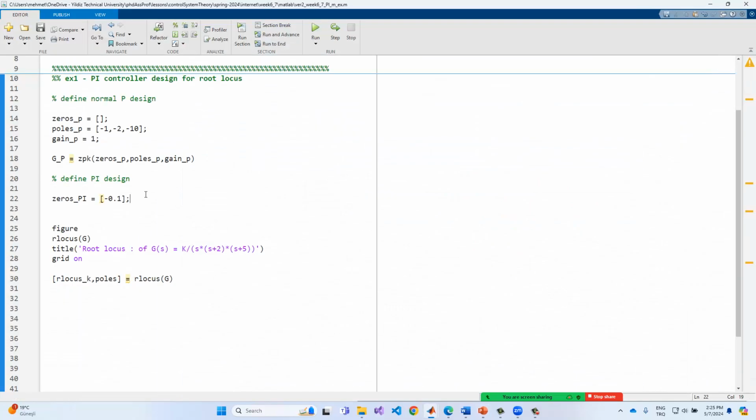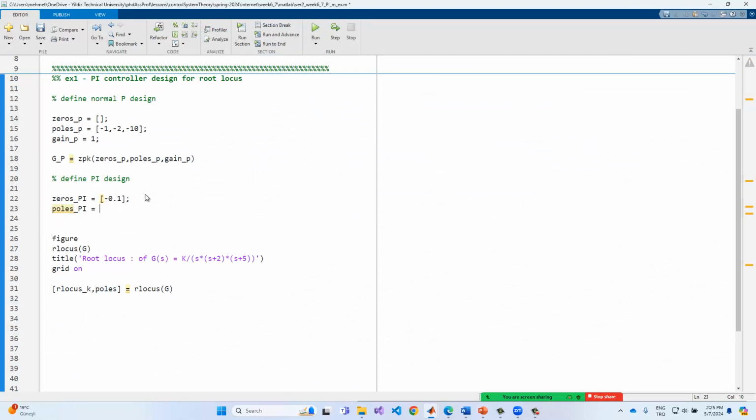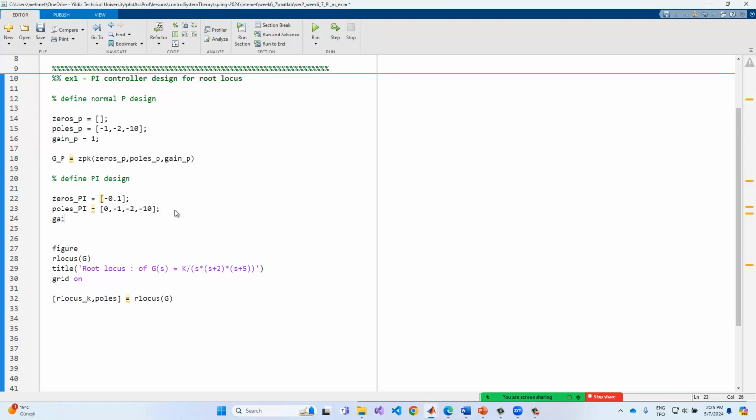And so the poles PI is equal to 2. We must add the 0, -1, -2, and -10, right? These are the poles. And gain PI is equal to 1. Okay?